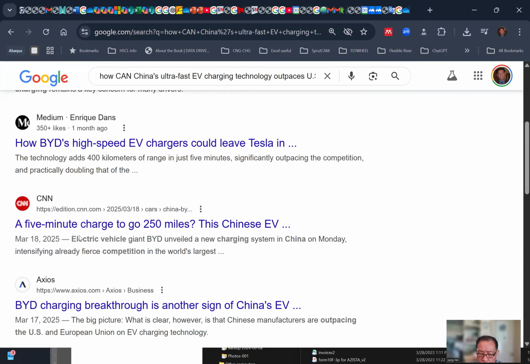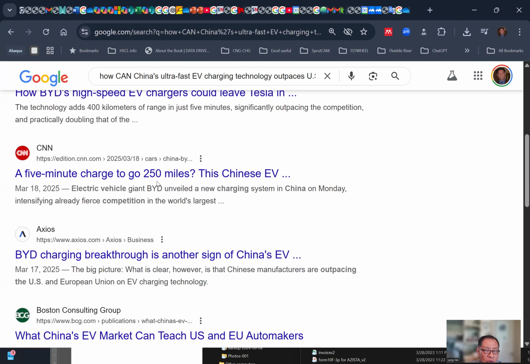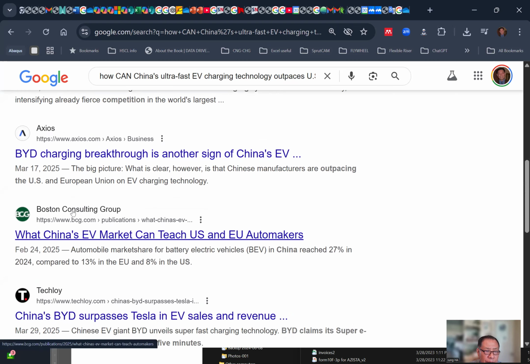Even this news has been released on CNN. 5 minute charging goes to 250 miles, and 250 miles is about 400 kilometers. These Chinese electric vehicles, BYD, this is a vehicle company, but the technology is CATL, I guess.